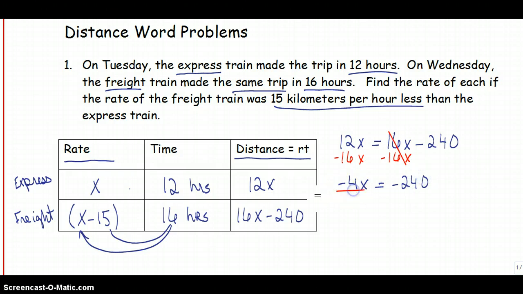Now I'm going to divide both sides by negative 4. So I have x is equal to negative divided by negative is a positive 60 kilometers per hour.